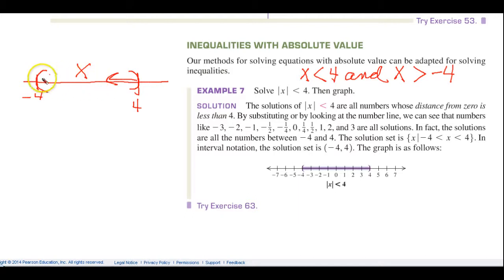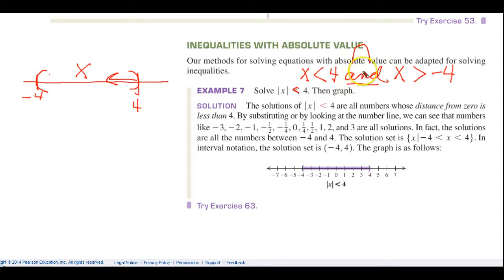So in a sense, what do you have here? Well, when you have the absolute value of x and it's less than a number, you have actually, and I happen to put and here, you have an intersection.